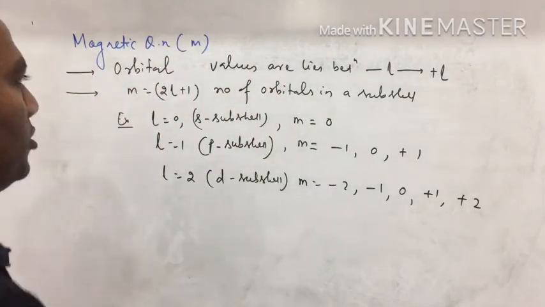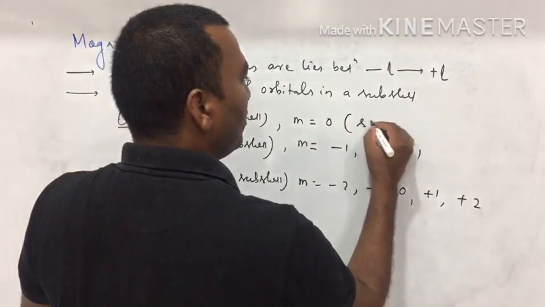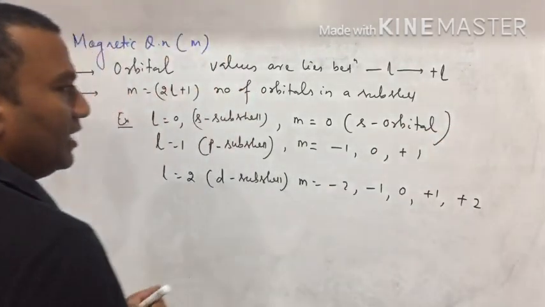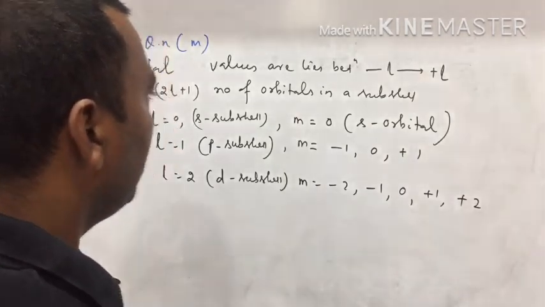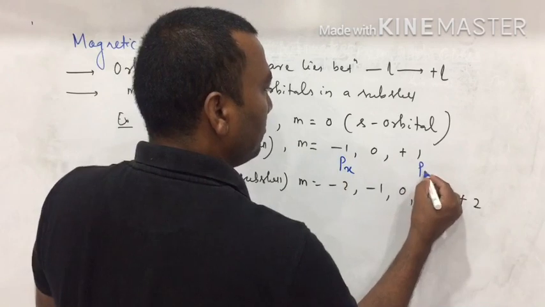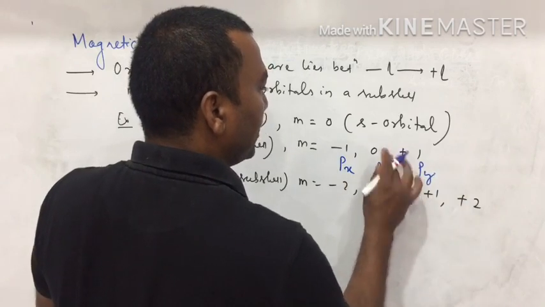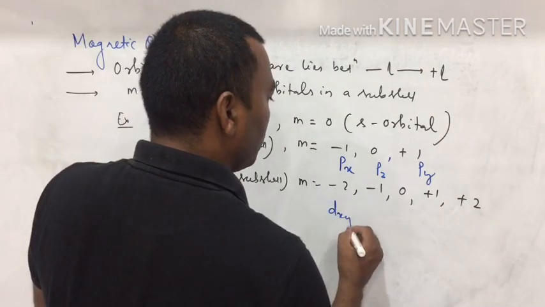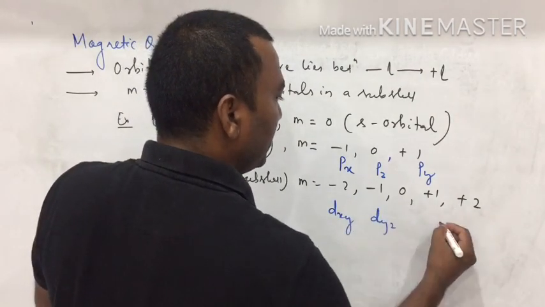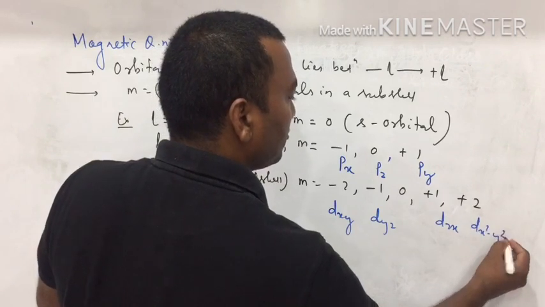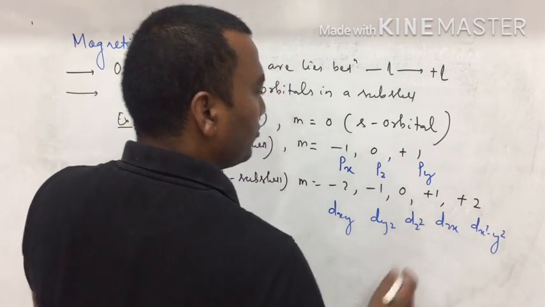So when m equals 0, this is called the s orbital. Clear? Similarly, when it is minus 1, remember px, py and pz. Here also dxy, dyz, dzx, dx square minus y square, and in the middle is dz square.